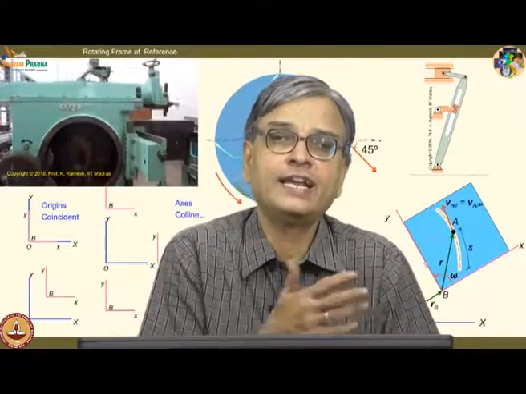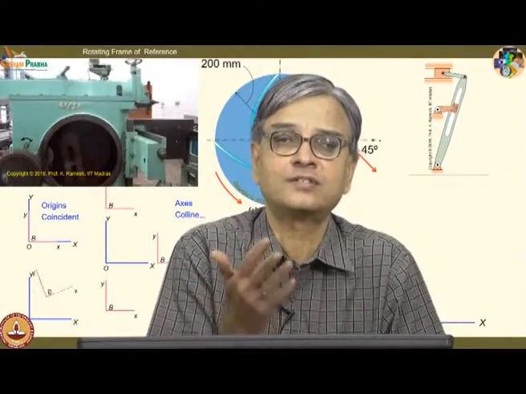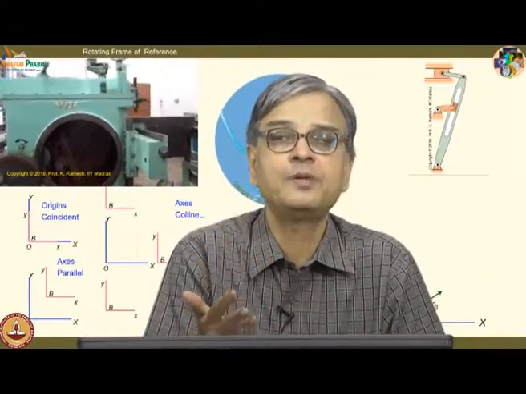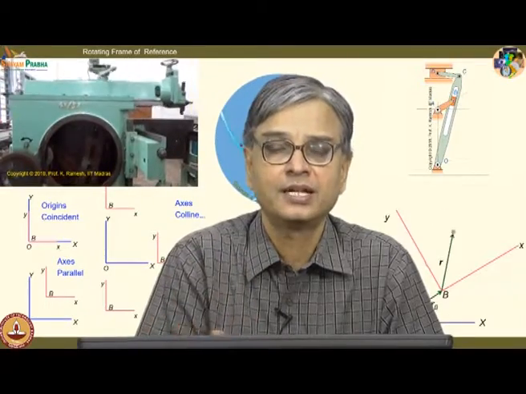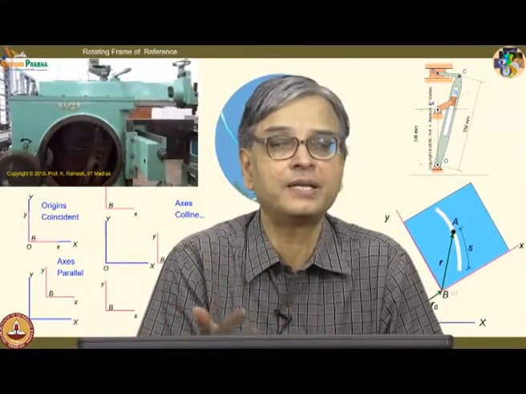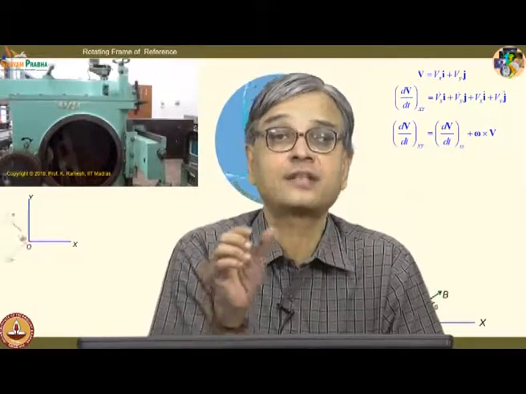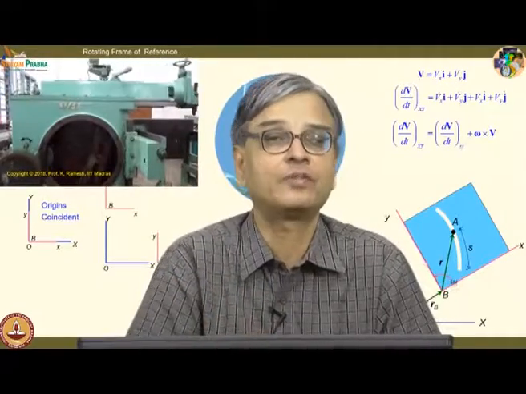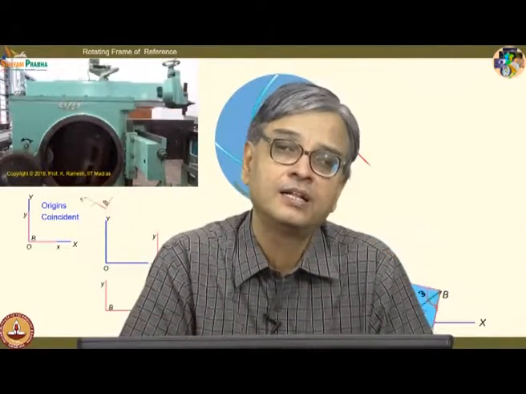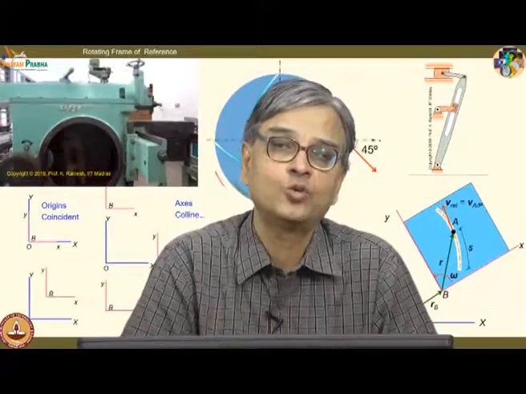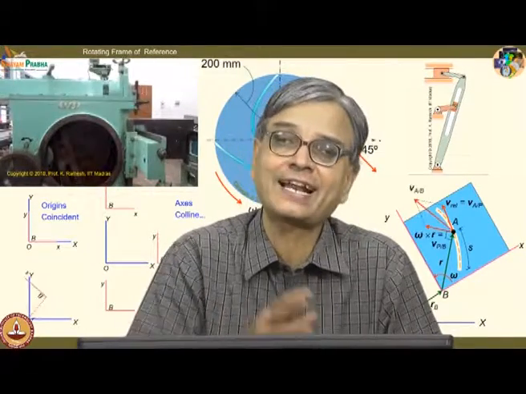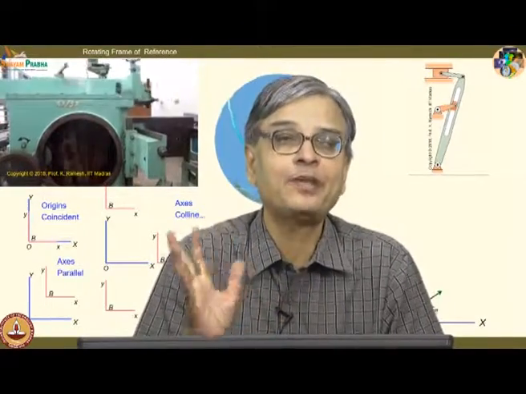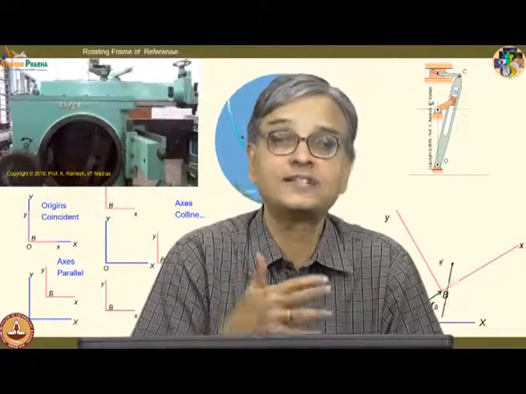And once you finally get this, the expression can be written down as VA equal to VB plus VA with respect to B and AA equal to AB plus AA with respect to B. These relative quantities can have more number of terms depending on whether you are finding out the velocity or the acceleration. And we also reviewed the two problems we have done earlier, so that you get a clarity what is happening to the rotating frame of reference, what it is that you perceive.